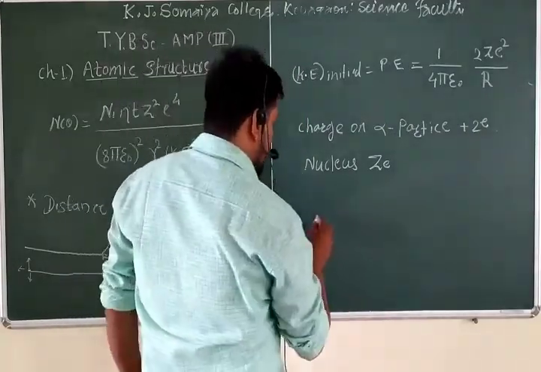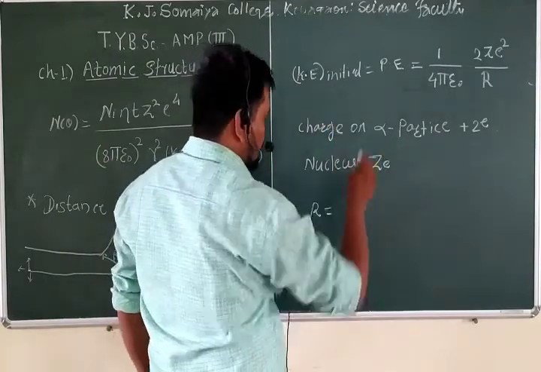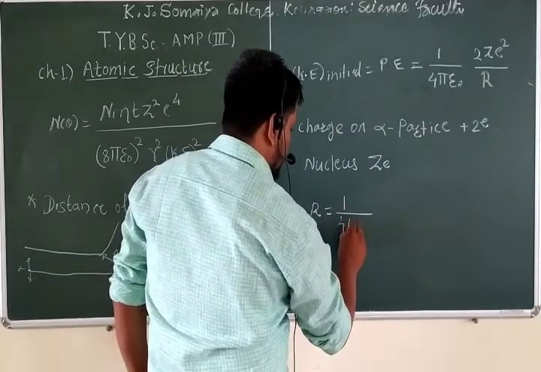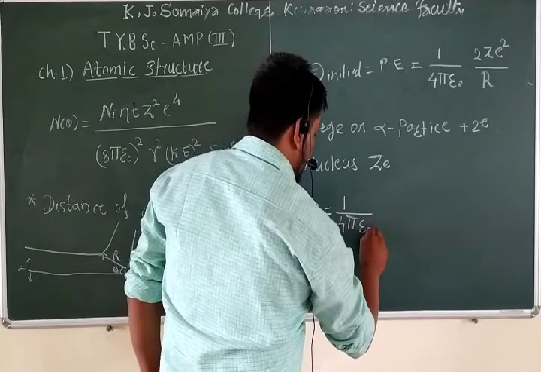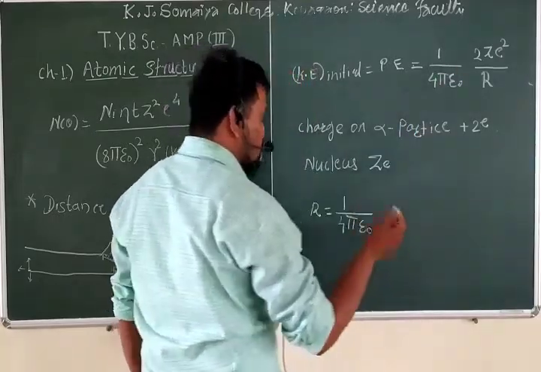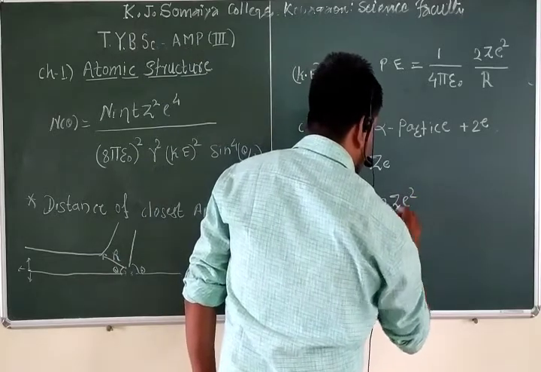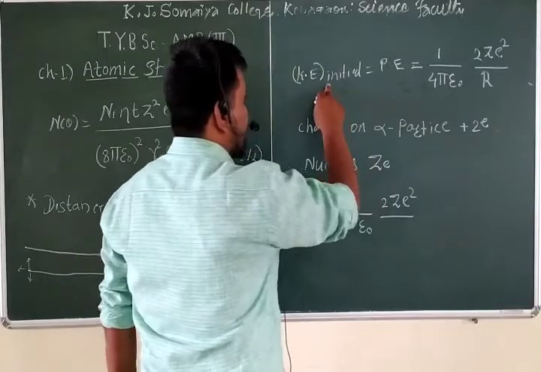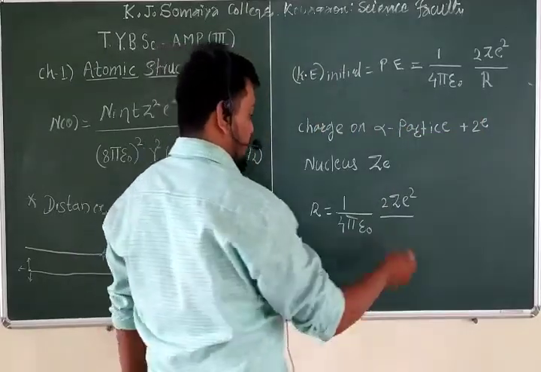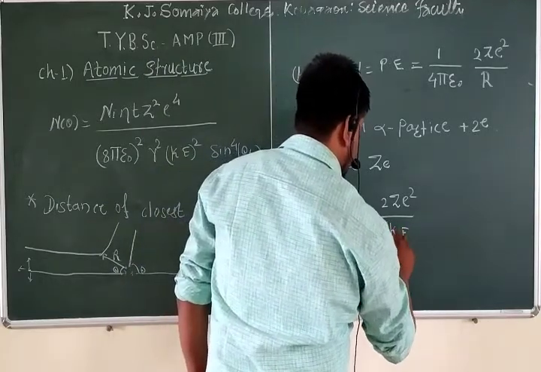So r = (1/4π ε₀) × 2Ze²/K, where K is the initial kinetic energy.